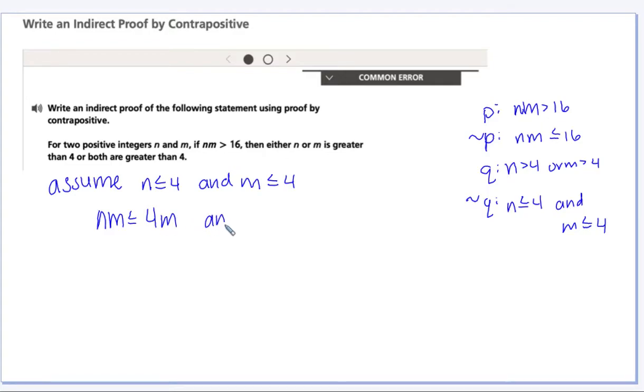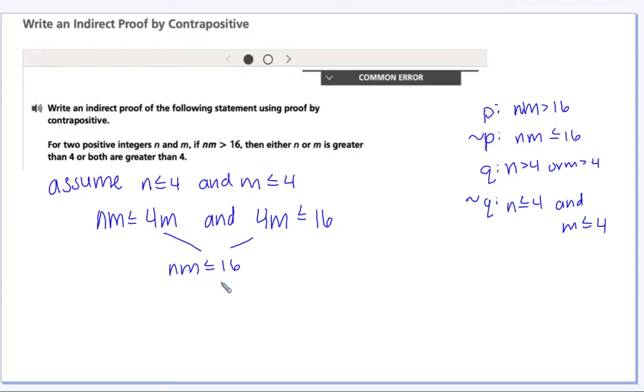And then I'll also have, if I multiply this side by 4, I'll get 4m is less than or equal to 16. So then by the transitive property, I would get that n times n is less than or equal to 16. So therefore, this is what I have here.